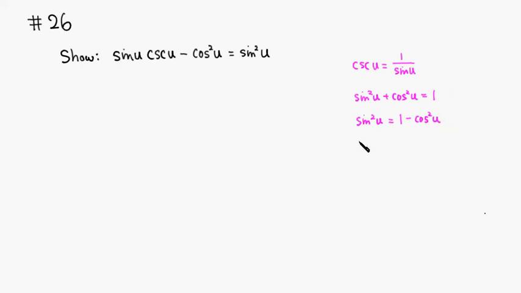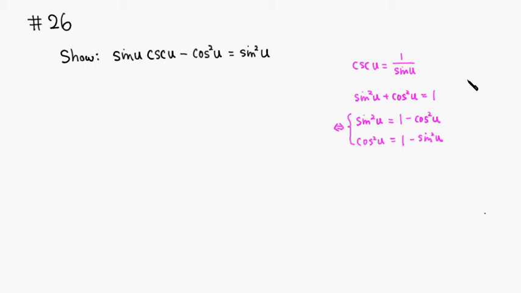On the other hand, if you want cosine squared, you can rewrite it as 1 minus sine squared of u. You can just subtract sine squared from both sides. So these are equivalent to sine squared plus cosine squared equals 1.